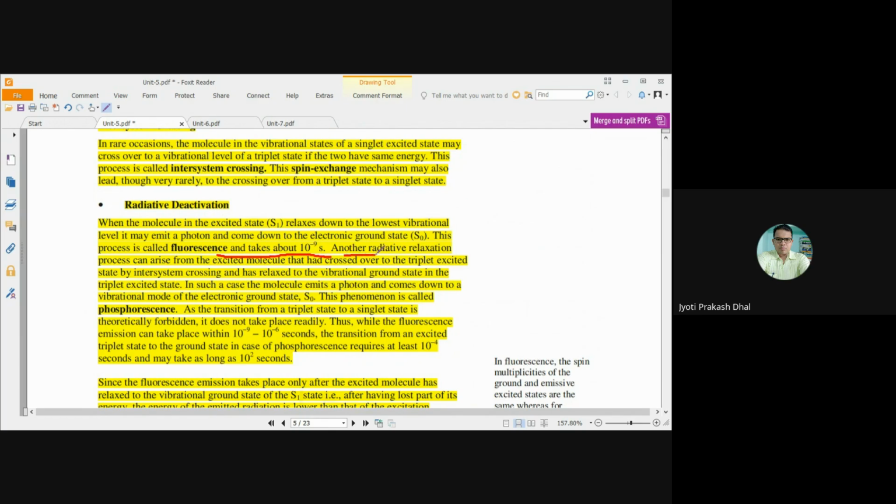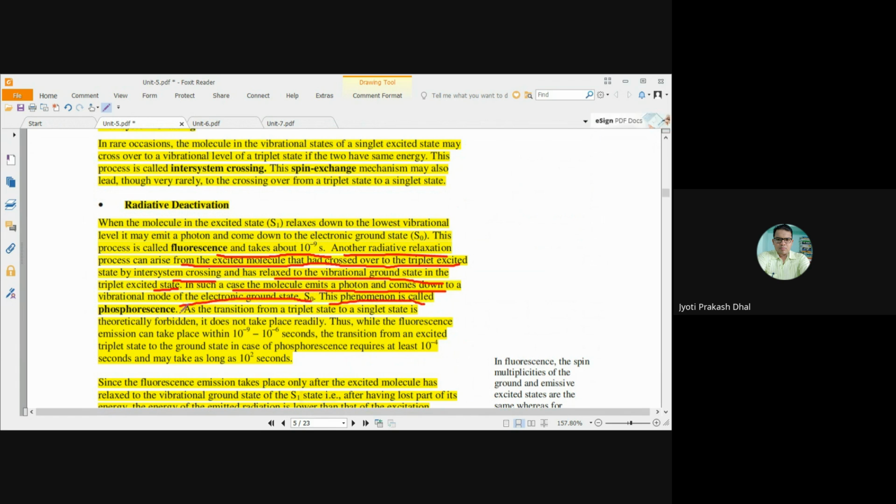Similarly, another radiative relaxation process can arise from the excited molecules that have crossed over to the triplet excited state by intersystem crossing and relaxed to the vibrational ground state in the triplet excited state. In such a case, the molecule emits a photon and comes down to a vibrational level of the electronic ground state S0.